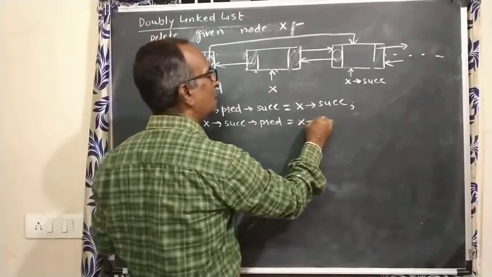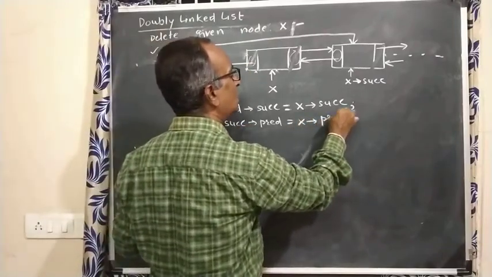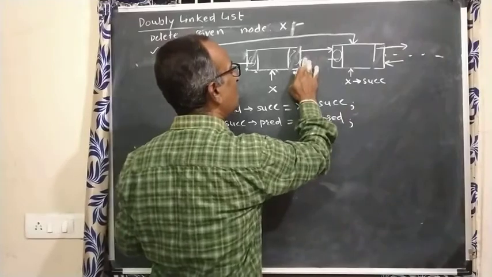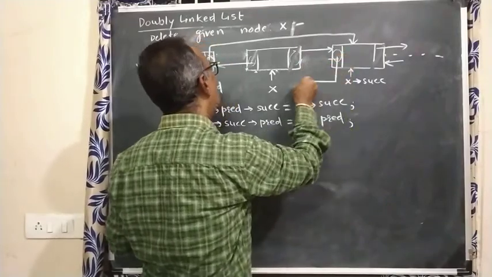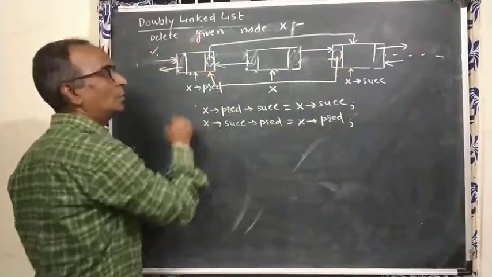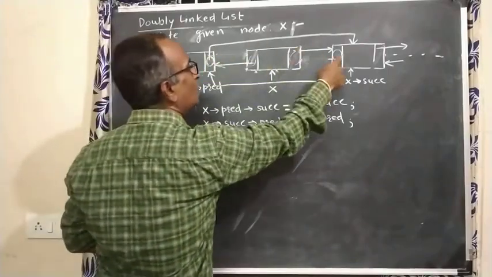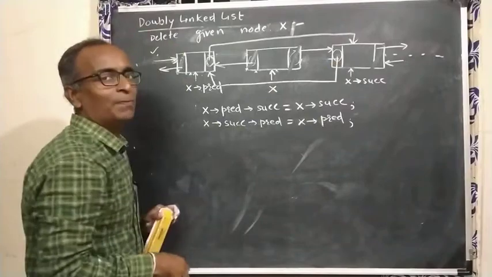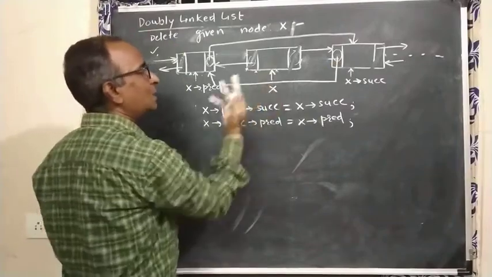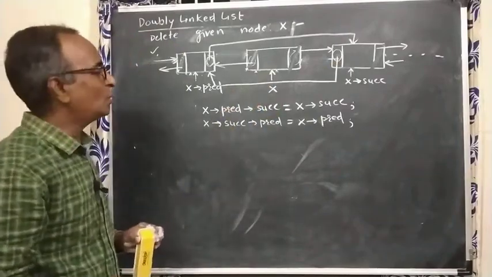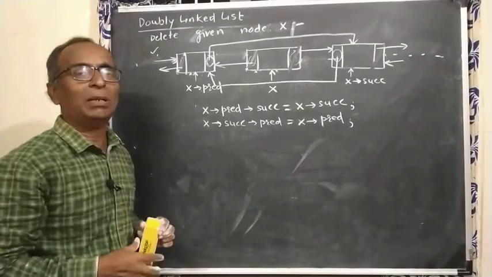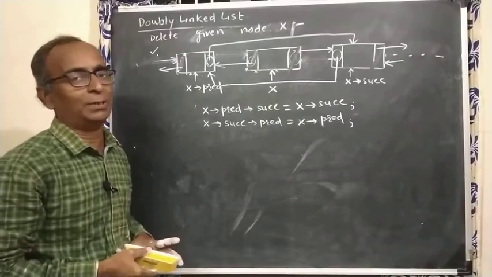So X's predecessor is given to this. That's it. Now this pointer won't be there. It will point now to this node. So its successor will be this node, its predecessor will be this node. Now you can free this X directly. So this way pointers can be adjusted in case of deletion.